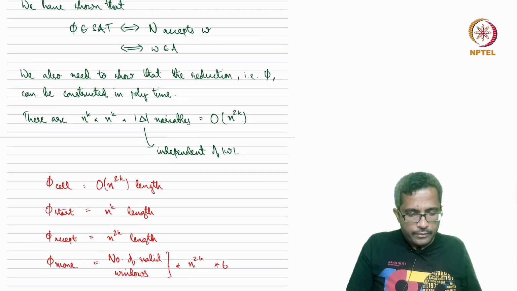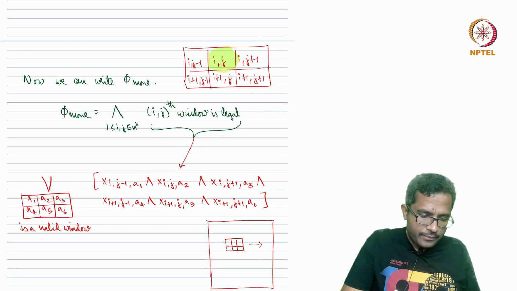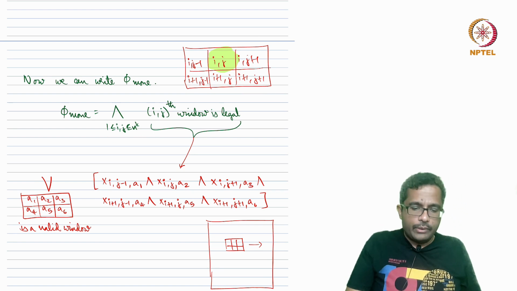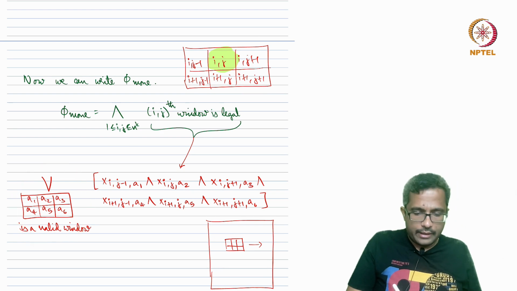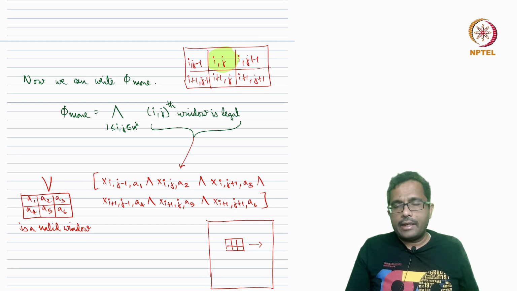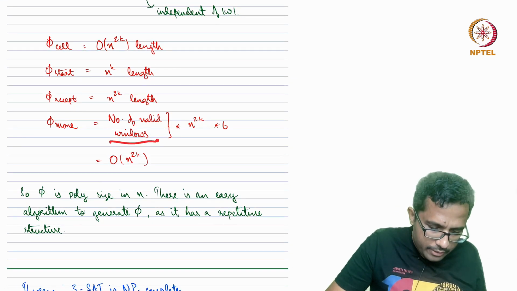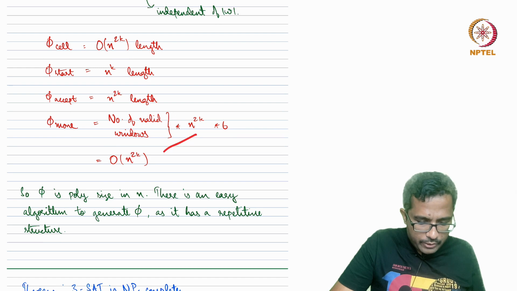Phi move, for instance, has O(n^{2k}) length because of this. Checking whether the ij-th window is legal runs through the list of all valid windows, and the number of valid windows is a constant that is independent of the length. So number of valid windows times n^{2k} times 6 is also O(n^{2k}).